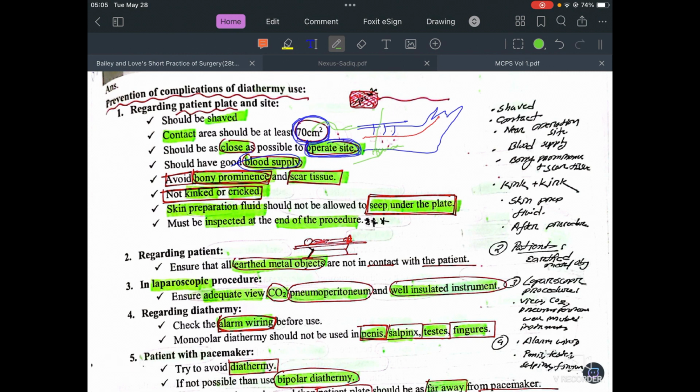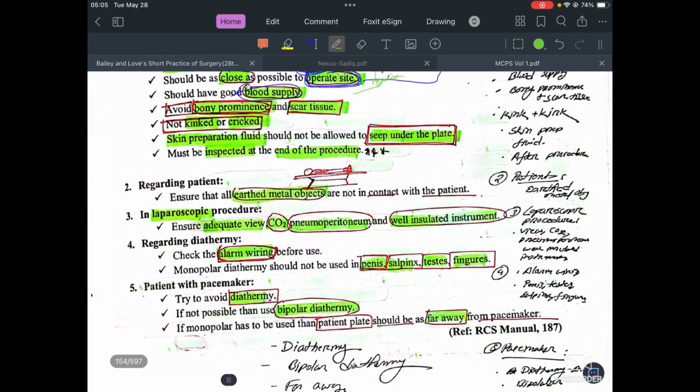Regarding the patient, ensure all earthed material objects are not in contact with the patient. In laparoscopic procedure, ensure adequate fuel, carbon dioxide pneumoperitoneum, and well insulated instruments. Regarding diathermy, check the alarm and wiring before use.